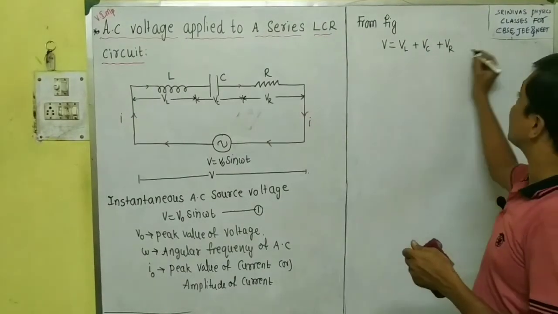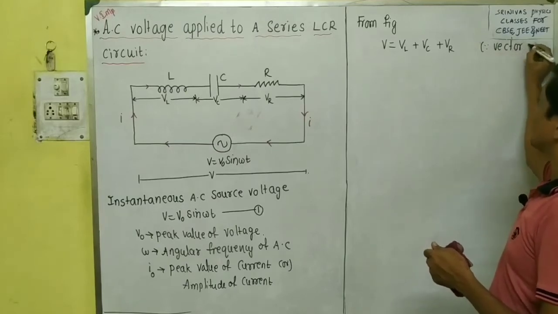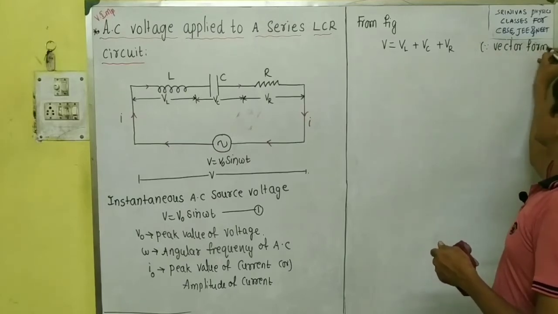But we have to take this in vector form, as rotating vectors. We have to consider angles also.